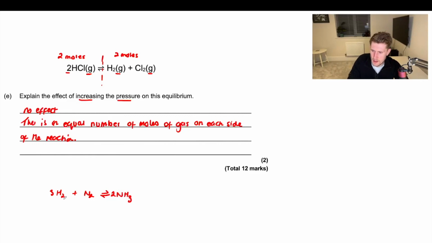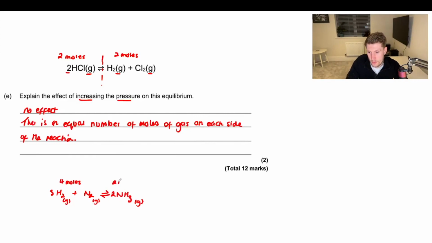Now, these are gases. Let's have a look what would happen to this reaction if we increase pressure. So on the left-hand side here, we have 3 molecules of hydrogen gas and 1 molecule of nitrogen. So on the left here, we have 4 moles of gas. On the right-hand side, we have 2 molecules of ammonia gas.